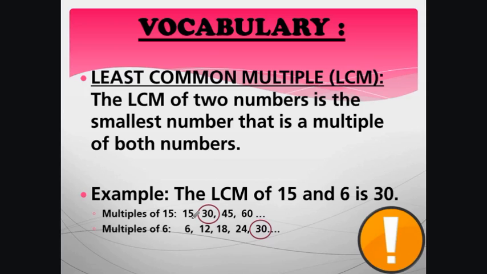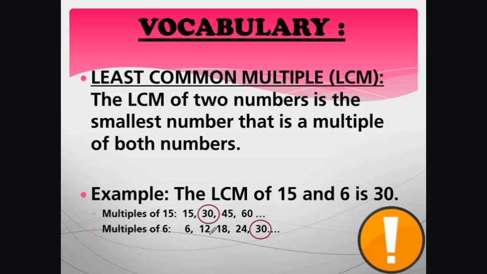So in other words, we're skip counting to whatever value we're provided. So 15 plus 15 is 30, 30 plus 15 is 45, 45 plus 15 is 60, and so on and so forth. And then we do that for whatever other value we have. So we then find the multiples of 6.